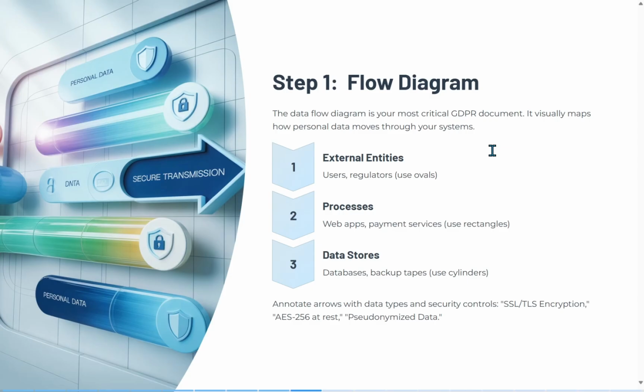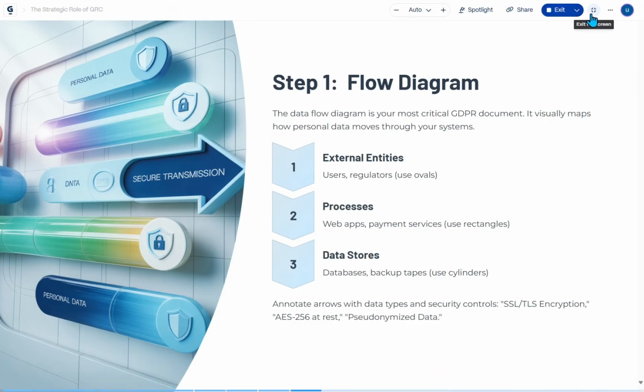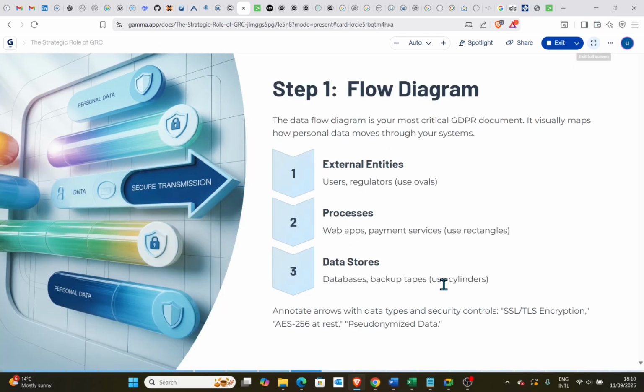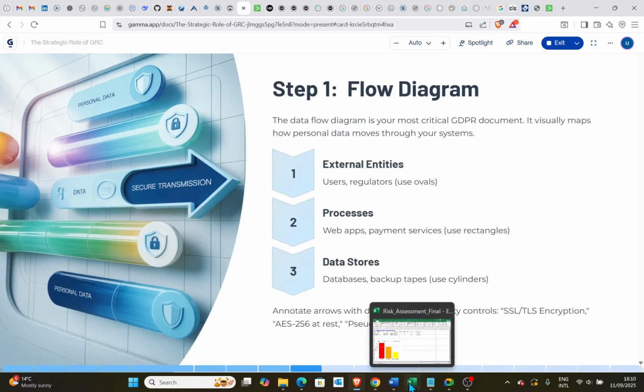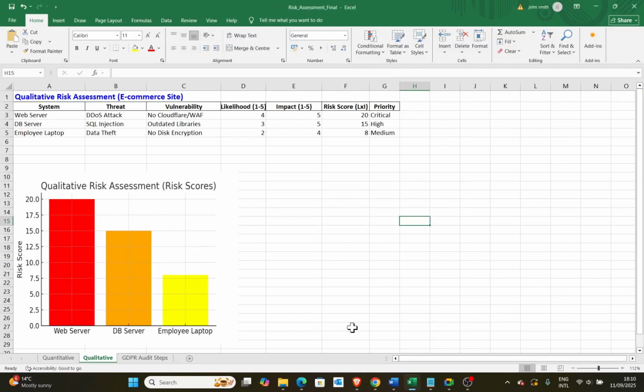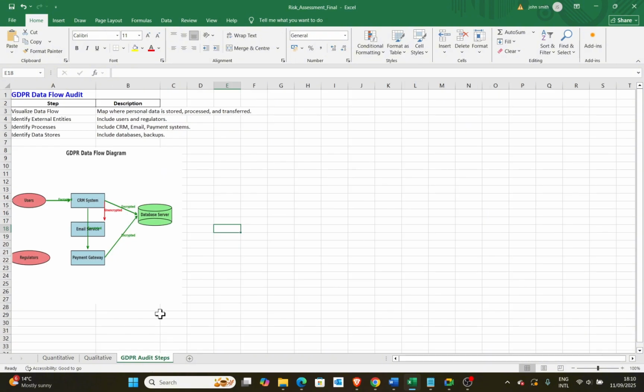So the flow diagram, let me show you the flow diagram here. Everything you are doing, you must show them in a plain manner so that they will understand very well.